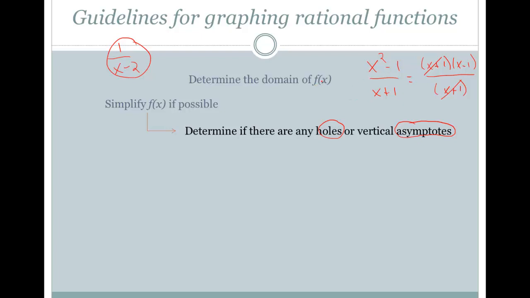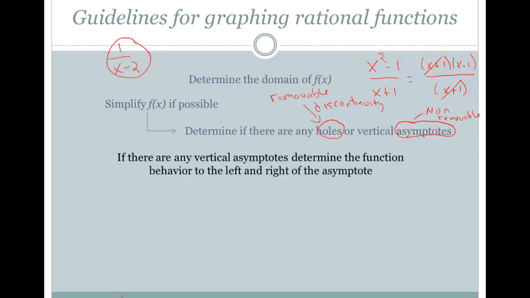The function was discontinuous in both situations. This one had what we call a removable discontinuity, and the other one was non-removable. All right, so that's a quick review from the last video.